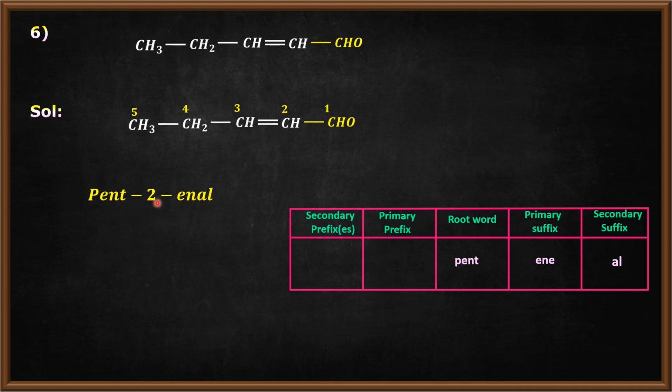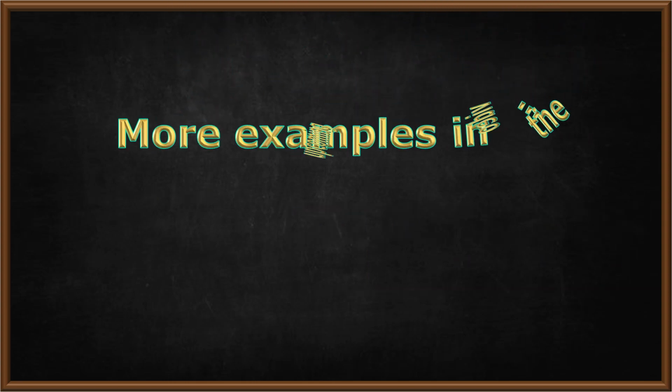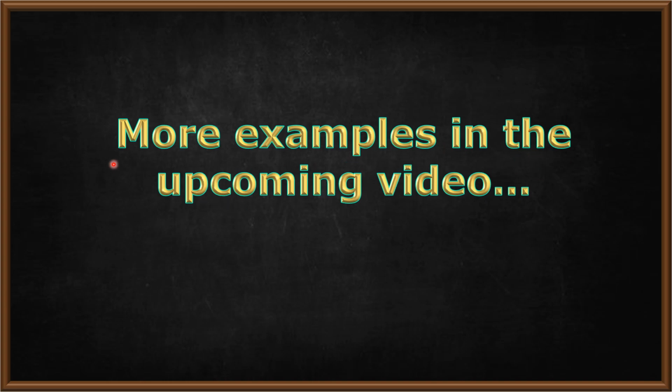Here 2 represents the carbon atom to which the double bond is attached. So pent-2-enal. Okay, so that's all for this video, and more examples can be seen in the upcoming video. Thank you.